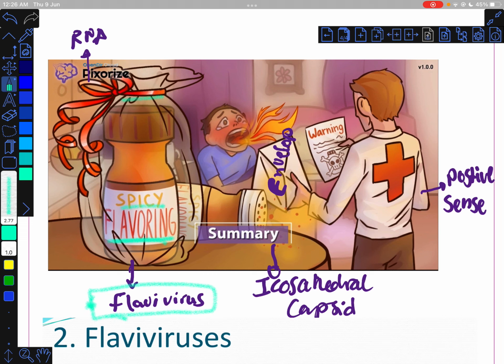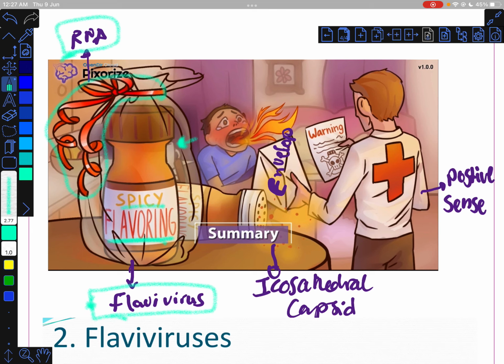Look at this. We have a red ribbon, and this red ribbon represents the RNA virus. Also, if we look at this bottle, it is covered, so it has an envelope.